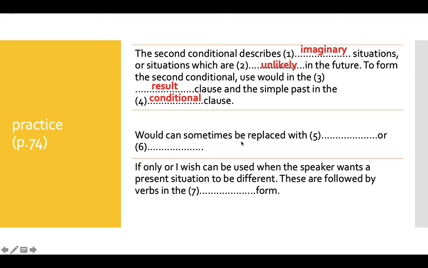Would can sometimes be replaced with could or might, and we can even use should. If only or I wish can be used when the speaker wants a present situation to be different. These are followed by verbs in the past form. For example, I wish COVID-19 never happened. Okay, so I will use the past form to talk about a present situation. Okay, the opposite of a present situation.